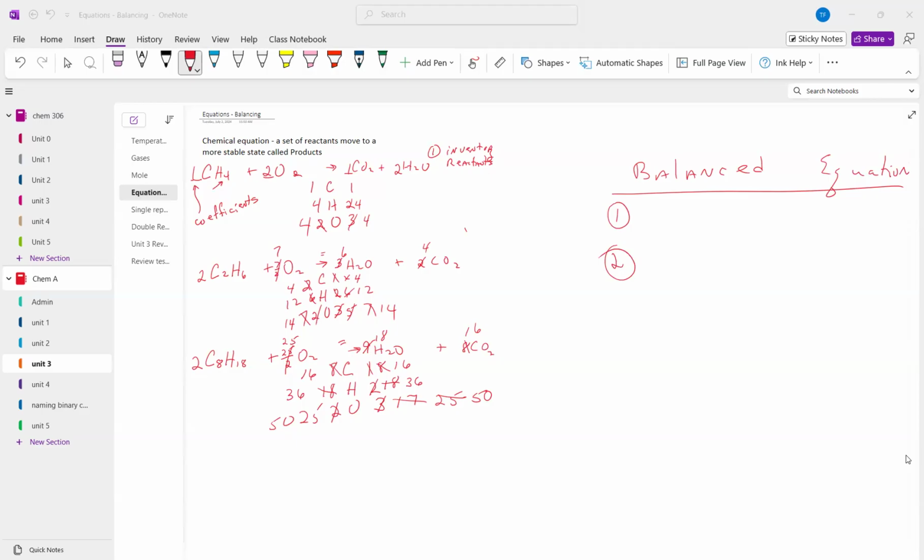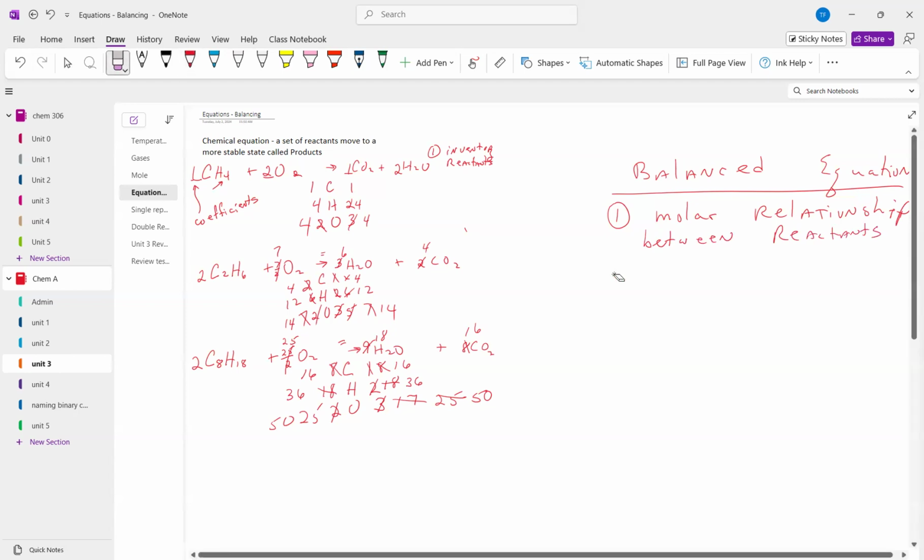Okay, the two things are a molar relationship between reactants and product.